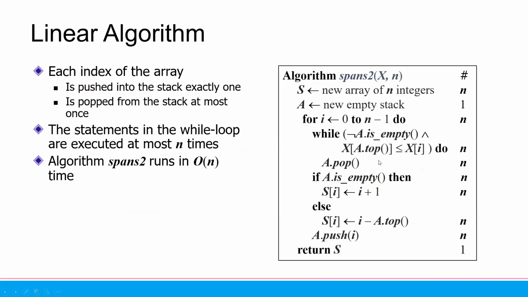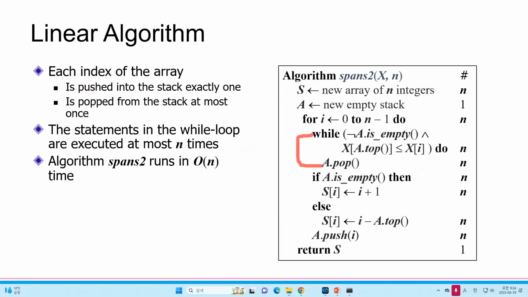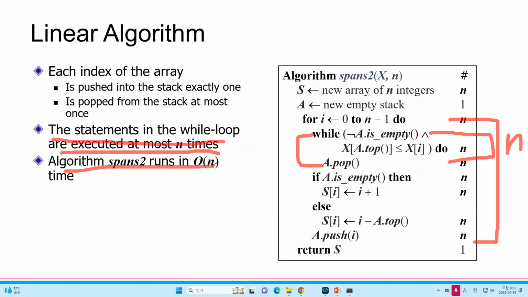So with this stack, it is always one operation, and this one operation will run n times. So the statements in the while loop are executed at most n times. So the algorithm span2 runs in O(n) time.